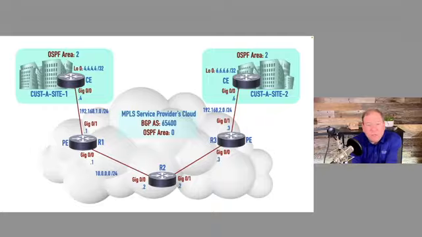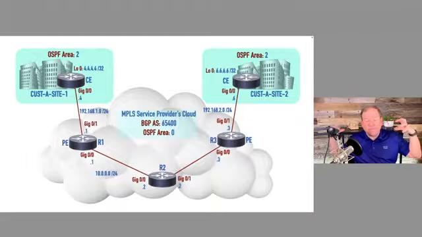And what we want to do is to configure, well, first of all, I'm going to show you how to enable MPLS within the MPLS cloud. And we're going to configure multi-protocol BGP within that cloud. And we're going to then peer with the customers. They're running OSPF.